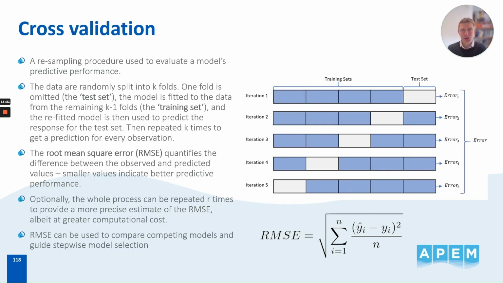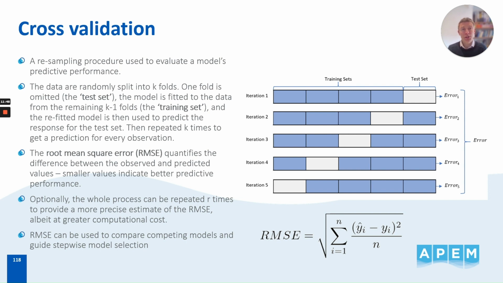Before we look at those functions, let's have a closer look at exactly how cross-validation works. As I said, it's a resampling procedure we use to evaluate a model's predictive performance. So we're not only striving to find a model which fits our dataset, but also can give us the best possible predictions of what values the response might take at either new locations or new times.